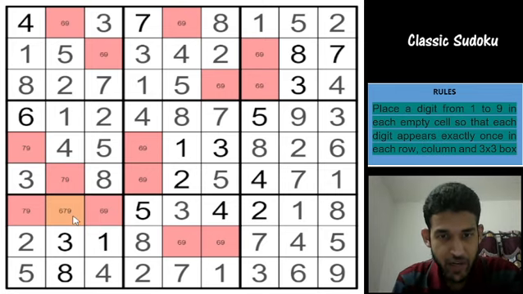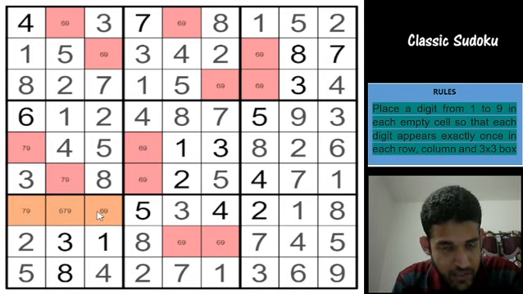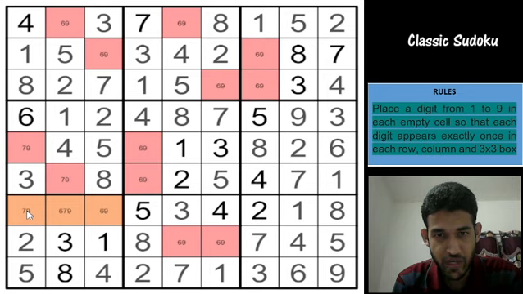To elaborate, if you notice these 3 pencil marks, you'll notice that 9 happens 3 times in that row, right? And as well, for the box 2, it happens 3 times. And if you look at the column, 9 happens 3 times.